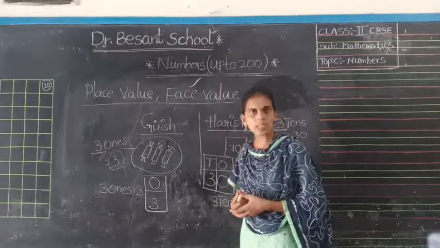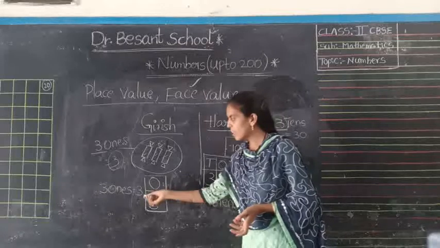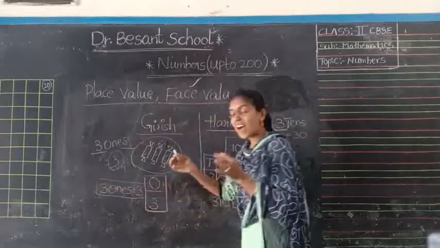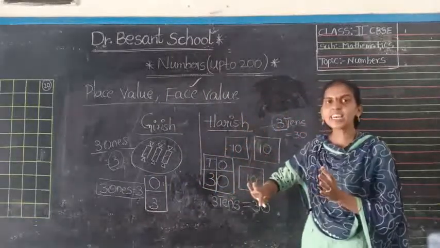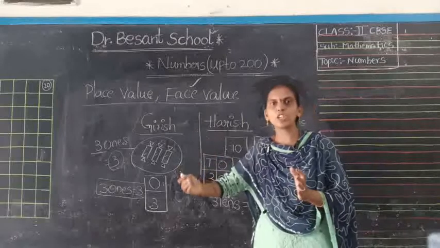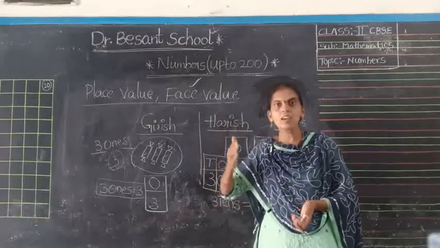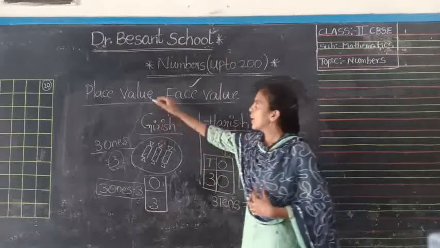Yes children, is it clear? So that means the value of the digit in the number changes from position to position. That position changing is nothing but place value.